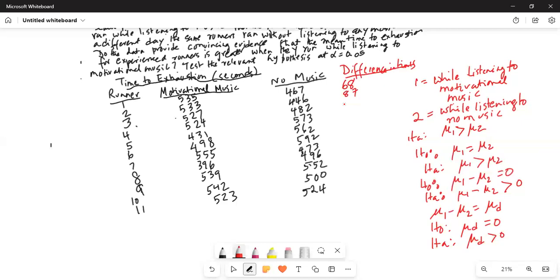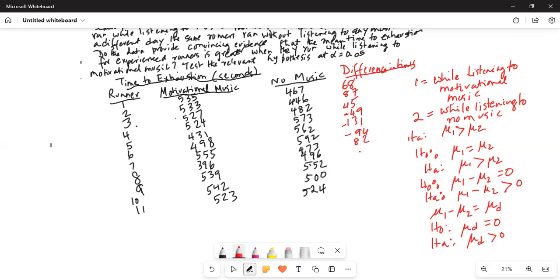Next one is 527 minus 482 is 45. Next one is 524 minus 573 is minus 49. Next one is 471 minus 562 is minus 131. Next one is 498 minus 592 is minus 94. Next one is 555 minus 473 is positive 82.